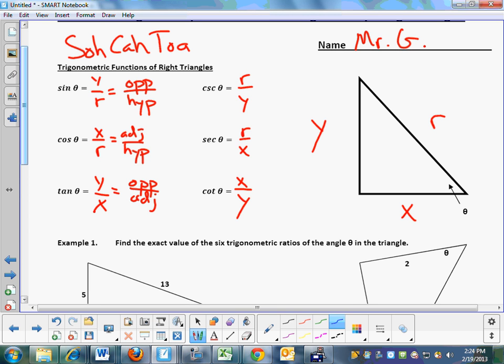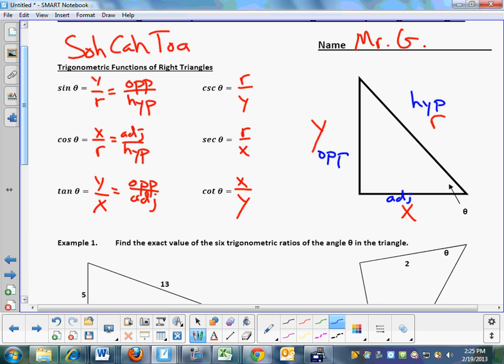So they would call this the hypotenuse. And then you can see that the hypotenuse helps make up the angle, right? There's two sides that make up the angle. Well, one's the hypotenuse. The other one is going to be the adjacent side. Adjacent means next to, so that side next to the angle makes up the angle. And then the one that doesn't help make up the angle is opposite.